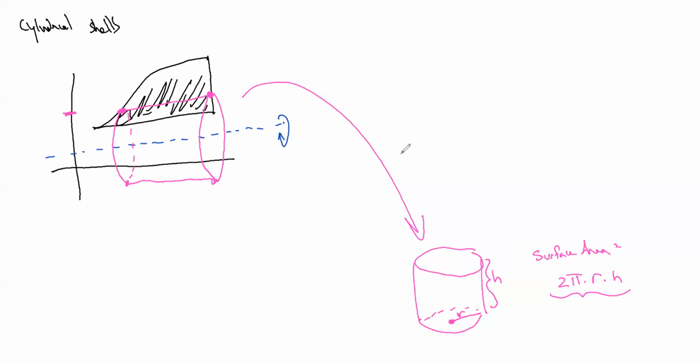And so the cylindrical shell volume, I'm going to loosely say, looks like an integral from some value to some other value of 2 pi times r times h, and then it's either dx or dy, where r and h are functions.